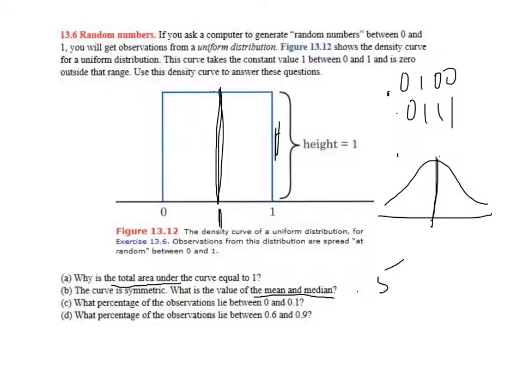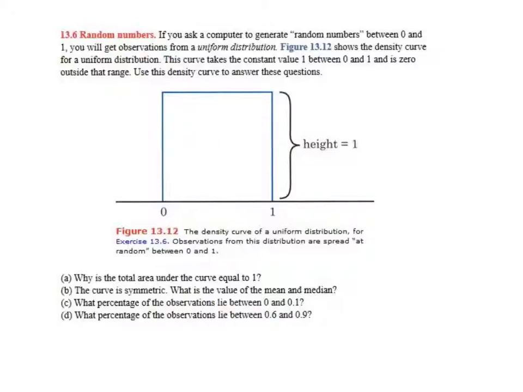Now, what percent of the observations lie between 0 and 0.1? Well, between 0 and 0.1 would fall right about there. I know it's this rectangle. I know that's 1 high, and I know it's 0.1 wide, because it's between 0 and 0.1.